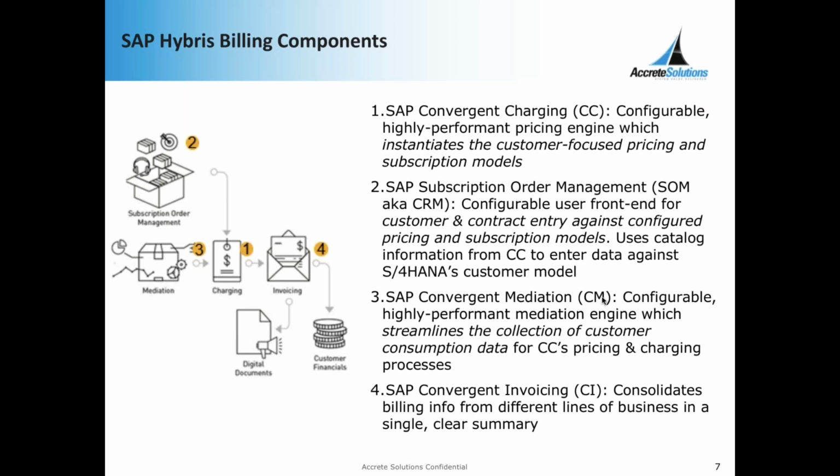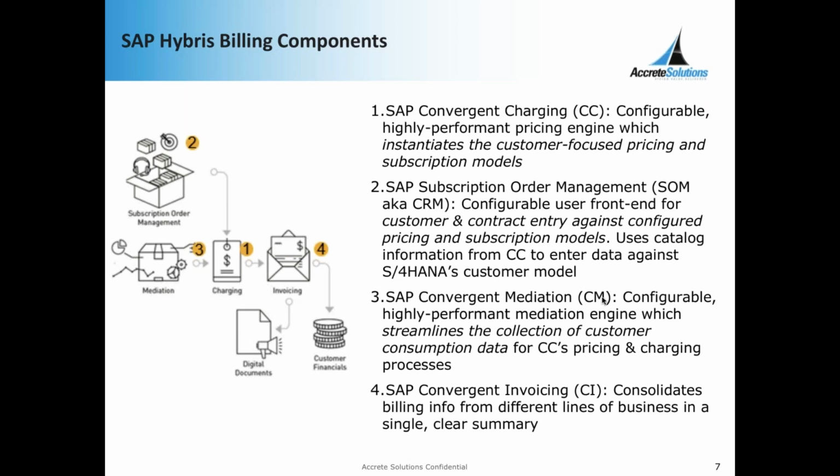The first being one called convergent charging. Once we call that CC for convergent charging. The next one is called subscription order management, or SOM. So you'll hear me talk about SOM. It also used to be called CRM, or customer relationship management. There's also then another subsystem called convergent mediation.